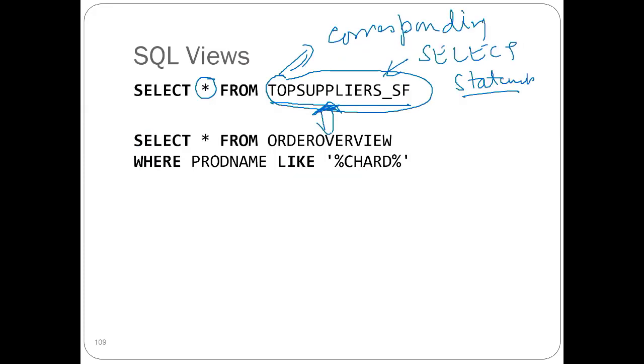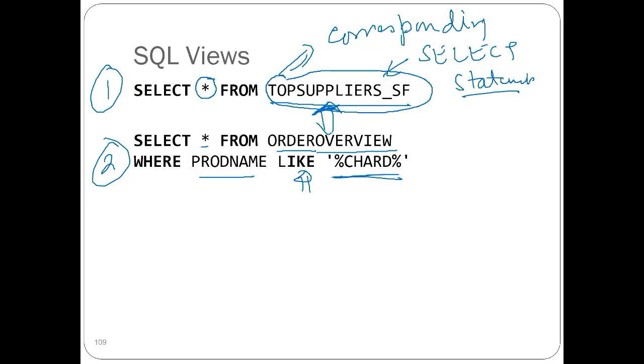Now, similar to this one, where we have written a query for a view, you can write another query. Let me call it query 1, query 2. In the second query, we are saying select star from order overview where product name like this. We need to remember what like does.